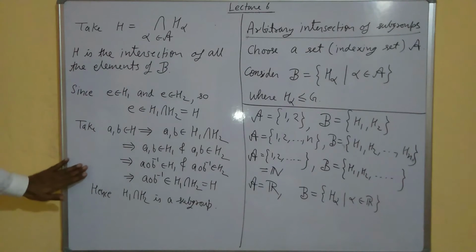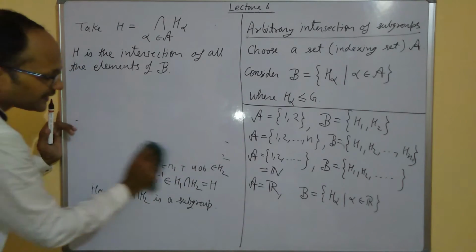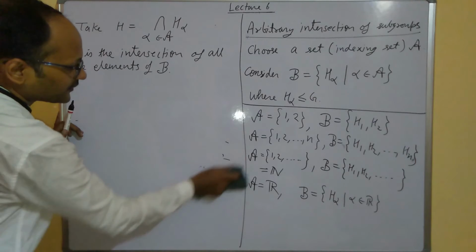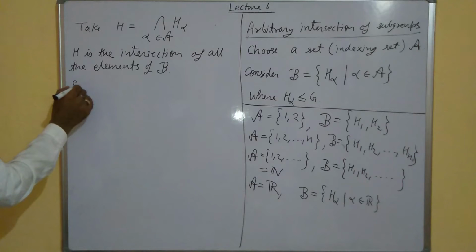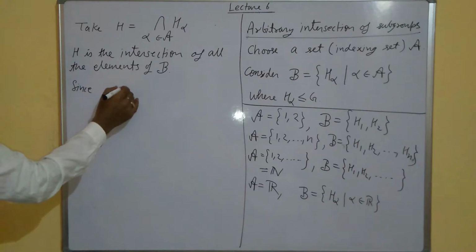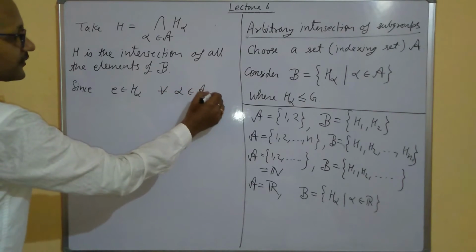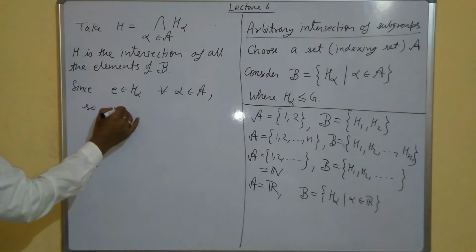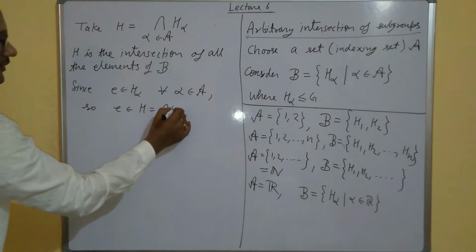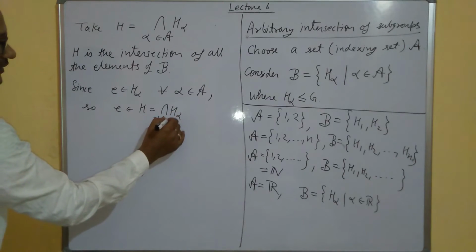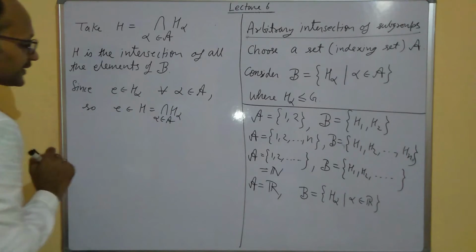Now the pattern of the proof is the same. Let me rewrite it. We will do the same thing here for proving it. Since E belongs to H alpha for all alpha in A, E belongs to H, which is the intersection of H alpha, alpha in A. Because E is in each of these H alpha, it will be in the intersection.